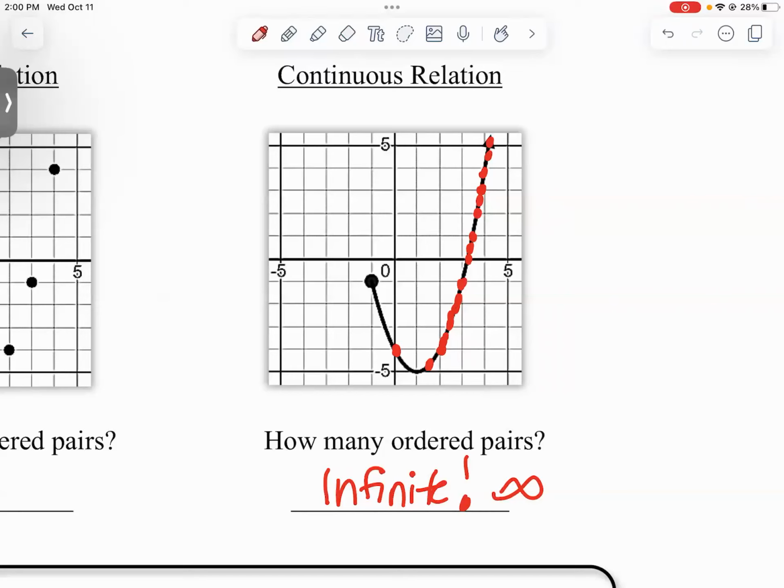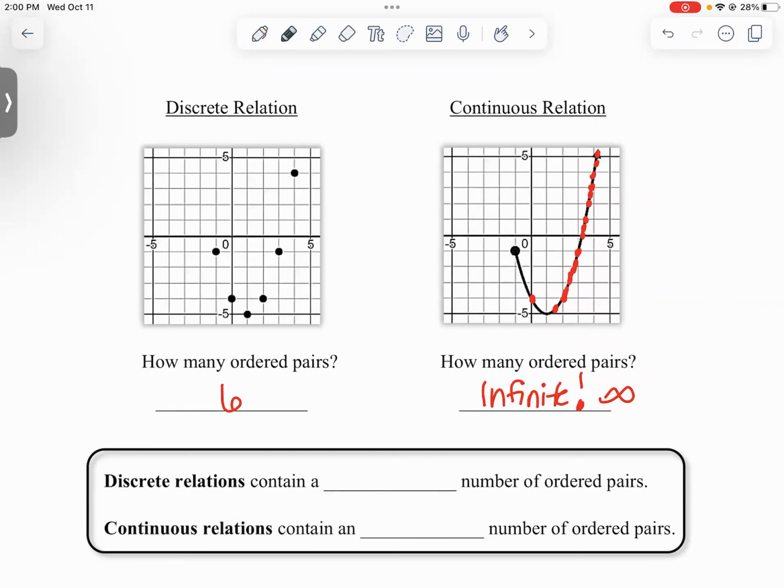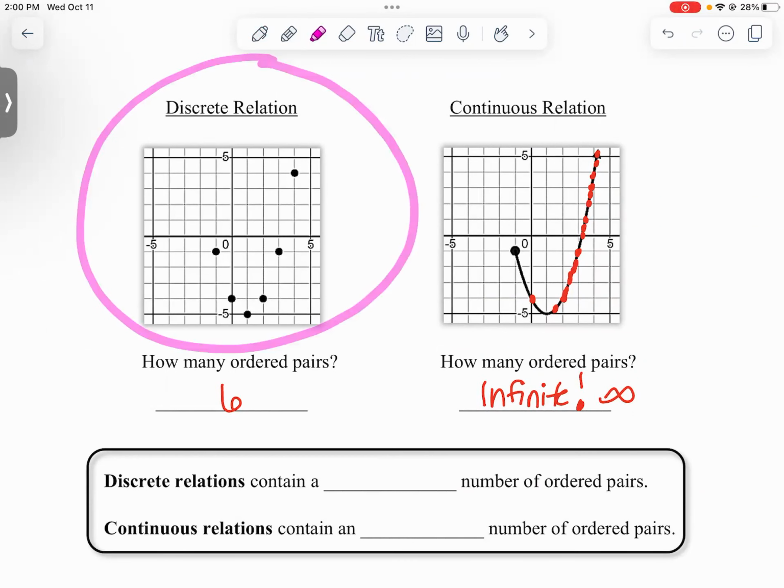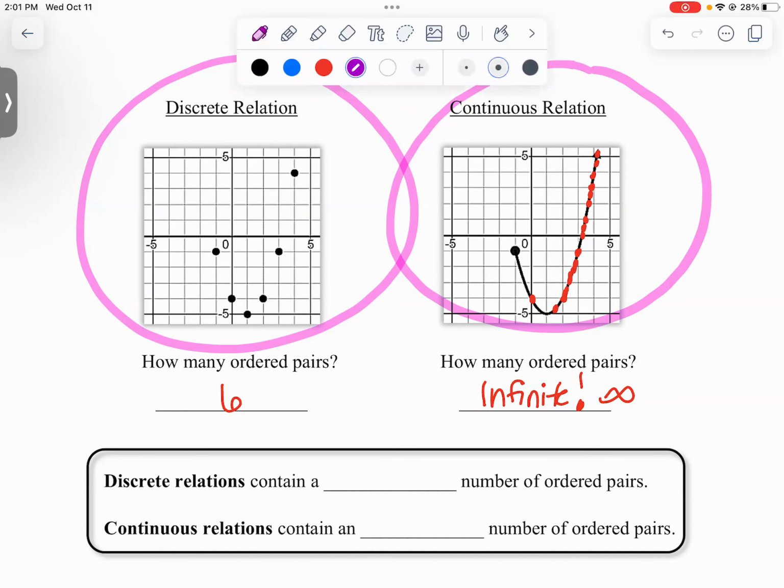Okay, there are an infinite number of ordered pairs. So this is the difference between what we call a discrete and continuous relation. A discrete relation contains a finite number of ordered pairs.